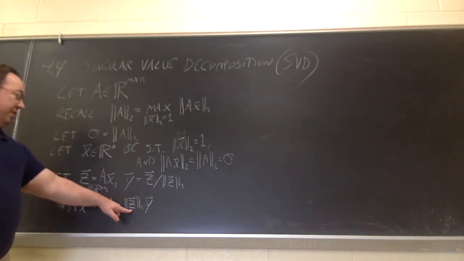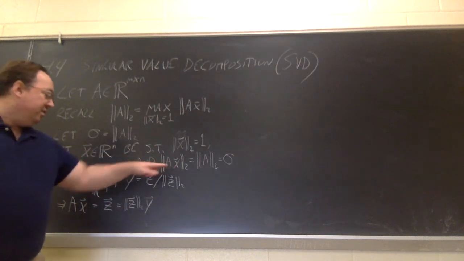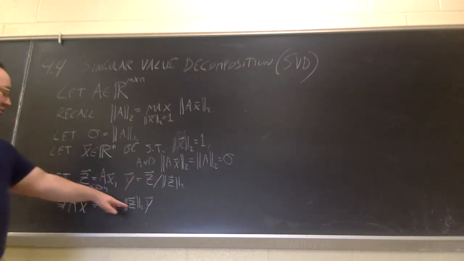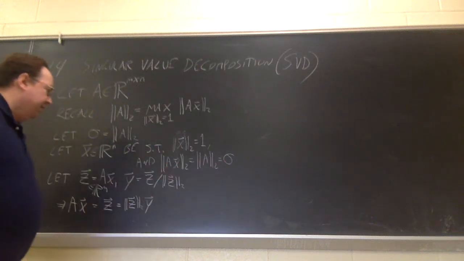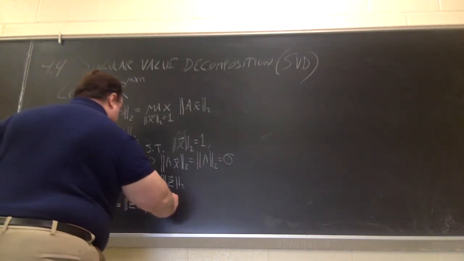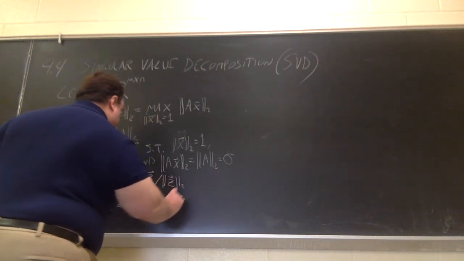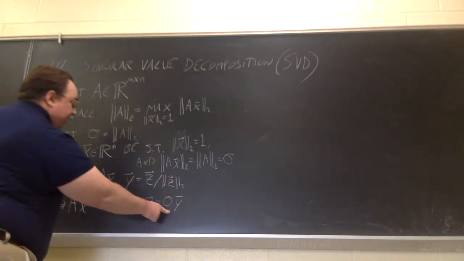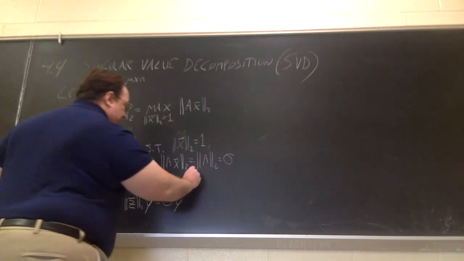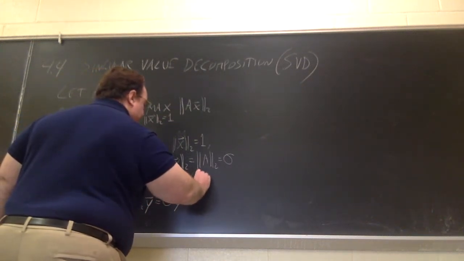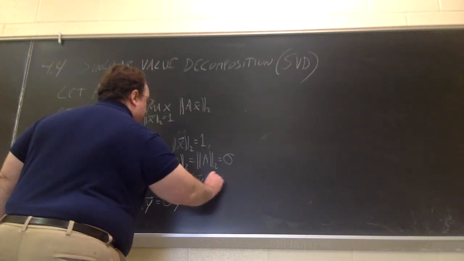But z is Ax, so the 2-norm of z is the 2-norm of Ax, which is sigma. So Ax is equal to sigma y. That's a relationship that I'm going to need. The reason I'm doing this normalization, to remind you, is that it makes y a unit vector.